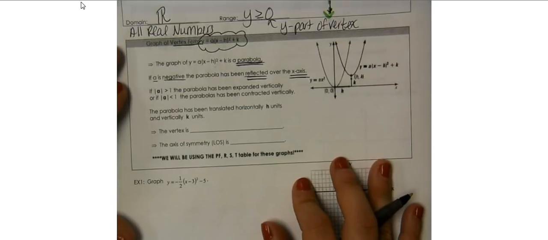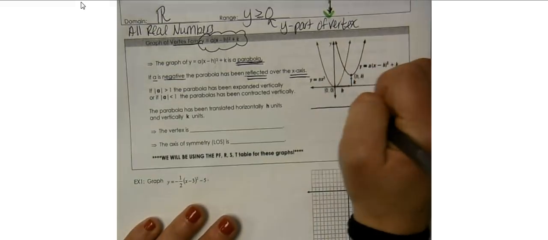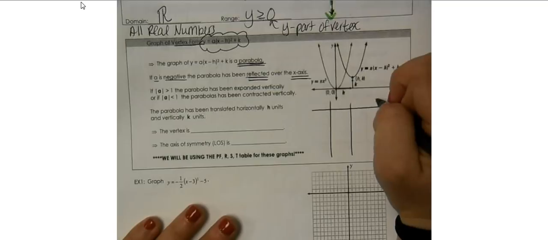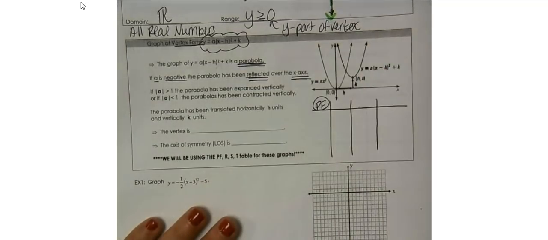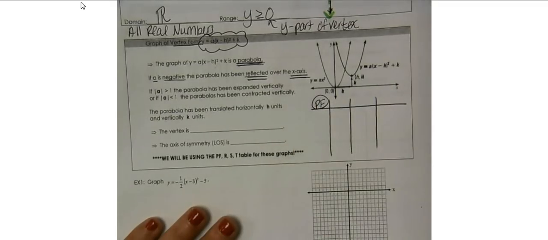So once again, if you have an a value that is negative, that means the parabola has been reflected over the x-axis. If we were to have a table of values, which we created a table similar to before, we would have a parent function table where you would identify the ordered pairs of your parent function.